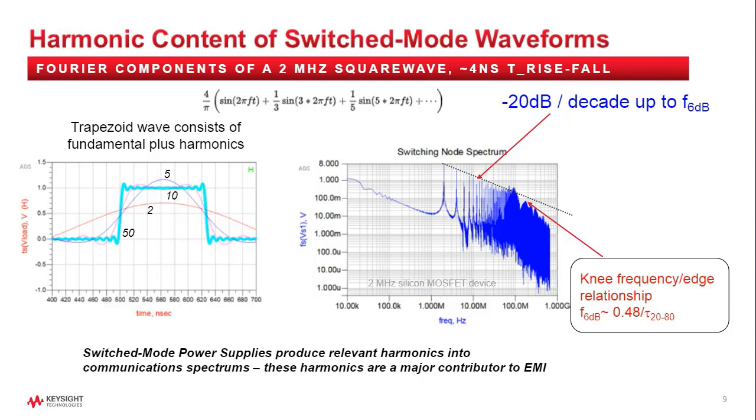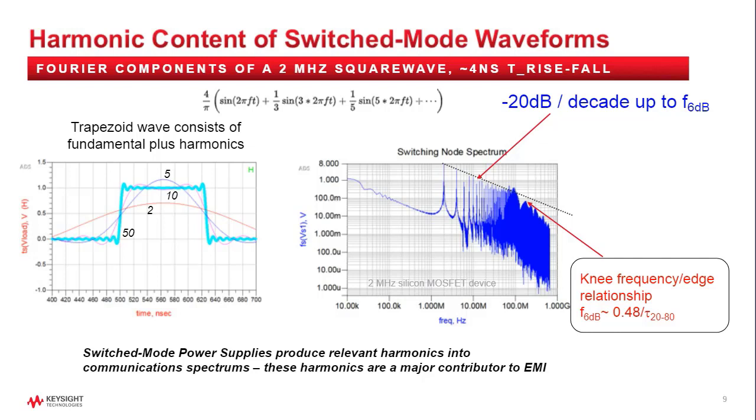And that goes into a very high frequency realm and begins to cause problems at the RF frequency bands. In this case, the example you're seeing here is a 2 megahertz square wave, duty cycle 50%. Now, we just assume here approximately a 4 nanosecond rise and fall time.